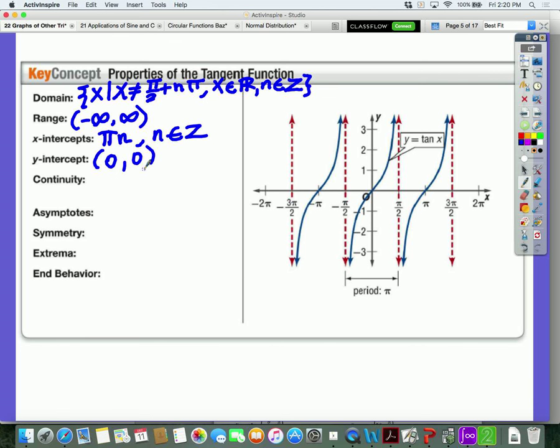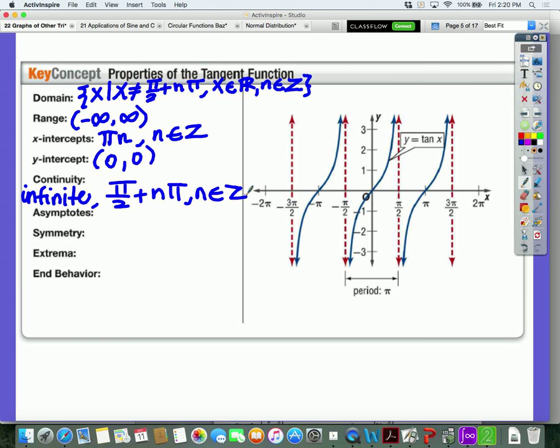Is it continuous? No. What type of discontinuity does it have? Infinite. And where do they occur? Pi over 2 plus n pi. Good.